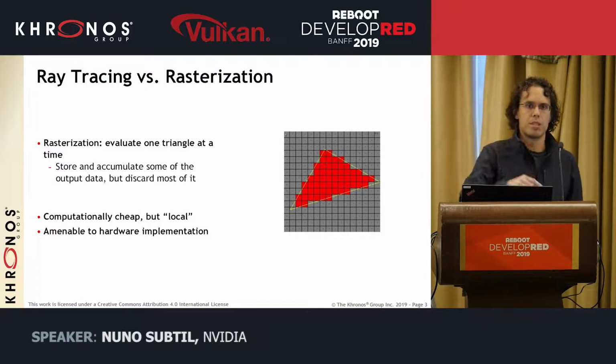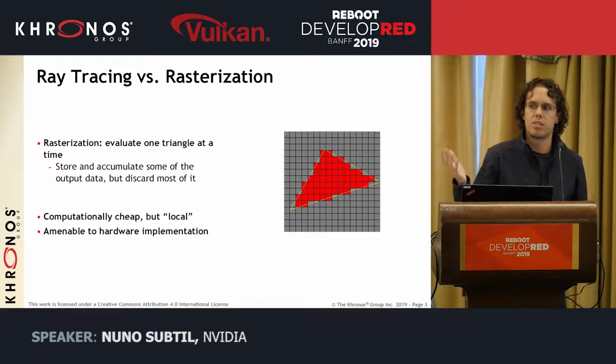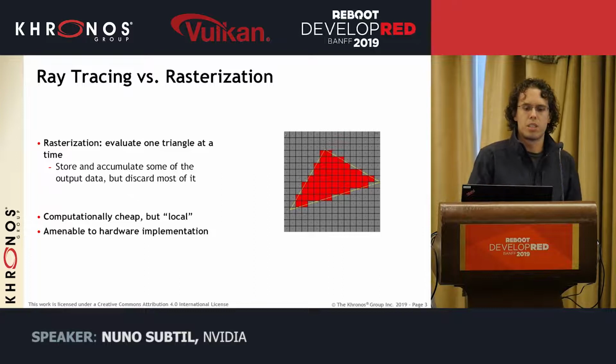So you can push in data on where the light sources are in your scene, but you cannot actually have access to data on what other primitives may or may not be in the path of the light for each pixel, right?